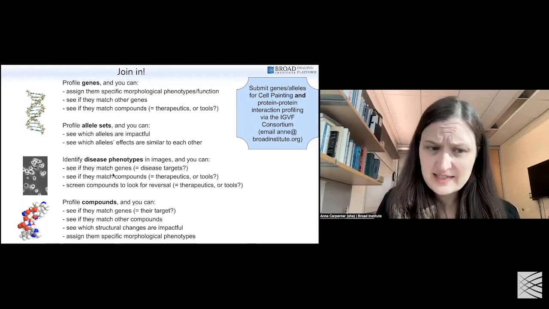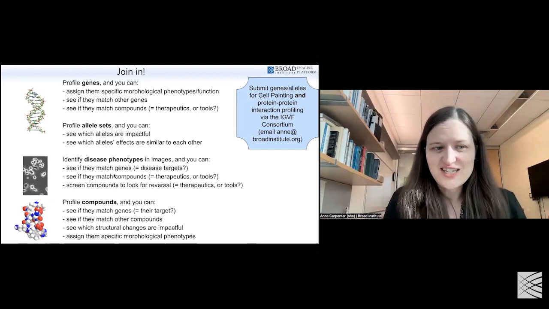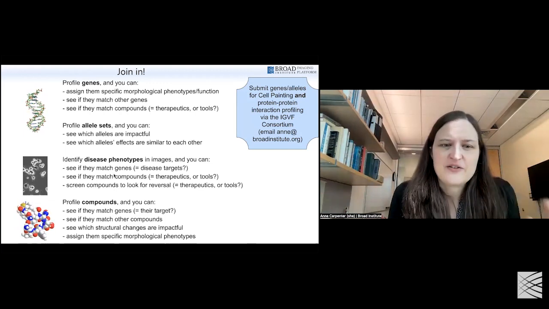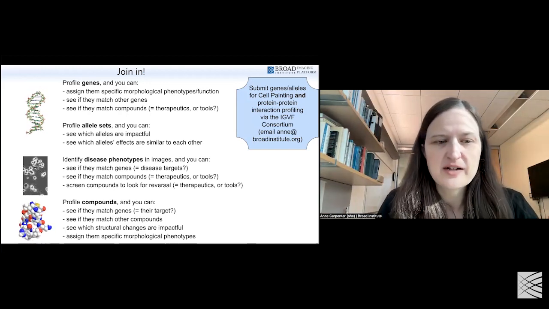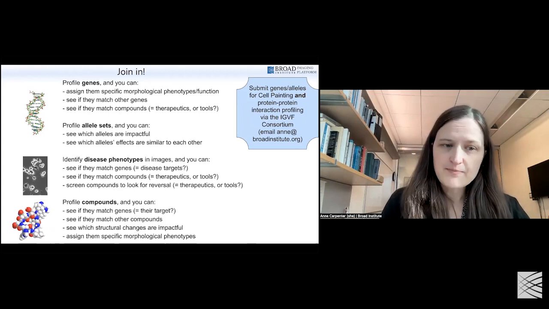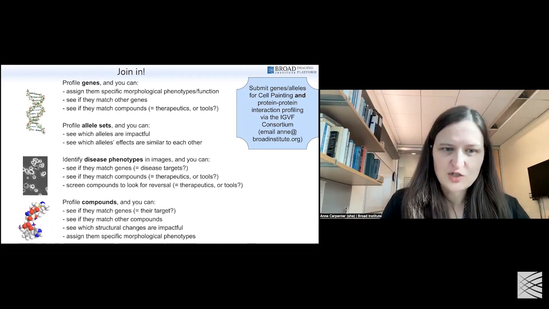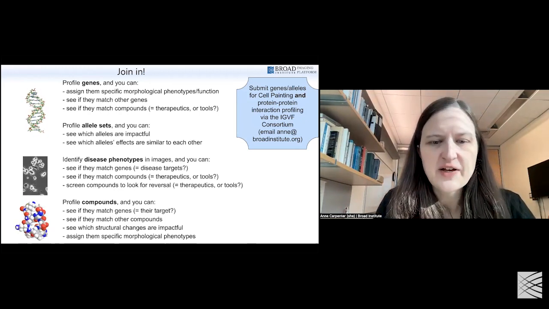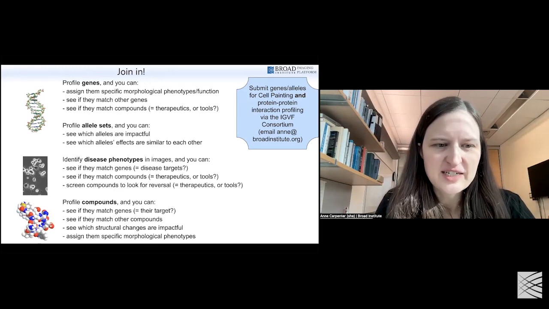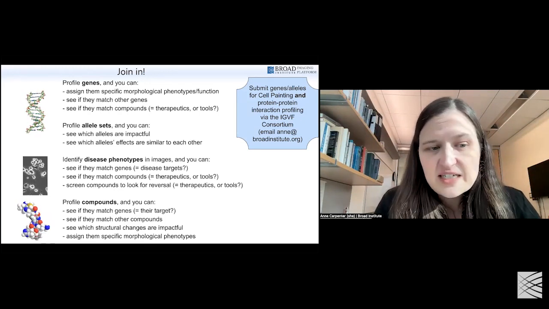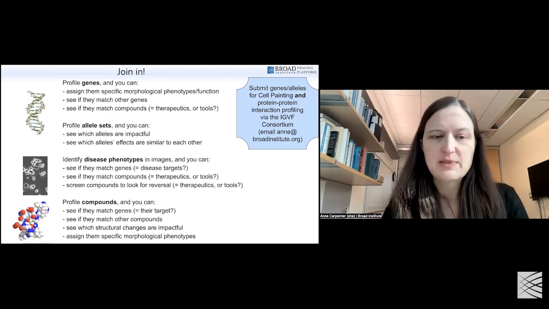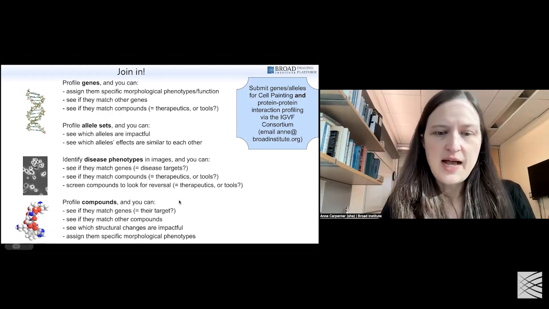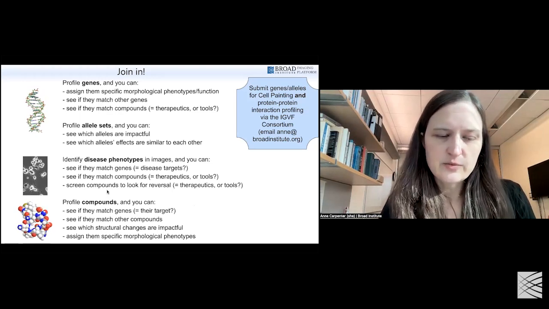For identifying disease phenotypes, you literally just take patient cells of two different sorts and look at them first, perhaps by eye, even if not computationally, or you can take larger groups and do a more intensive computational analysis. Once you detect a disease phenotype, you can then see if those phenotypes can match genes or compounds and look for reversal.